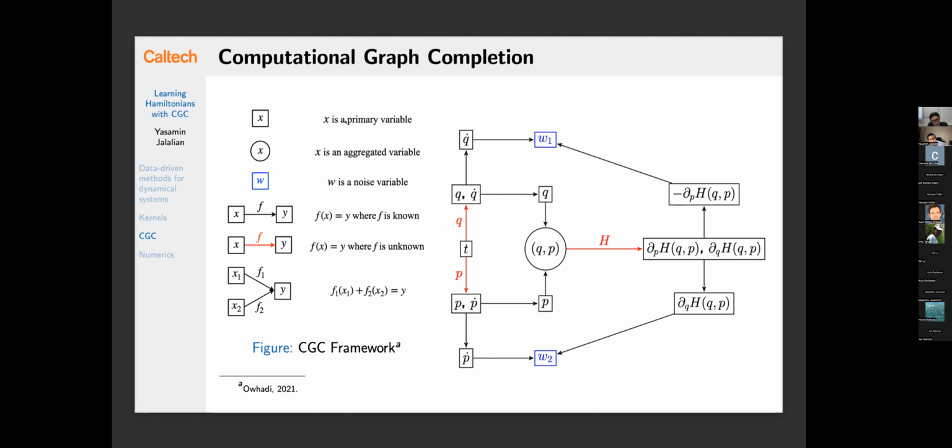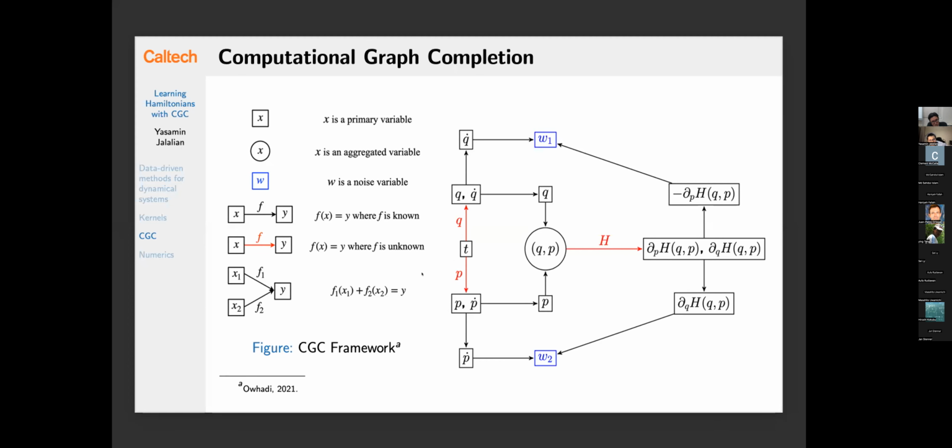So more precisely, this would translate to the case of our Hamiltonian. So we have the t variable, which is our time variable here, with two outgoing directed edges that are red, which represent Q and P. This goes to Q dot and P dot.